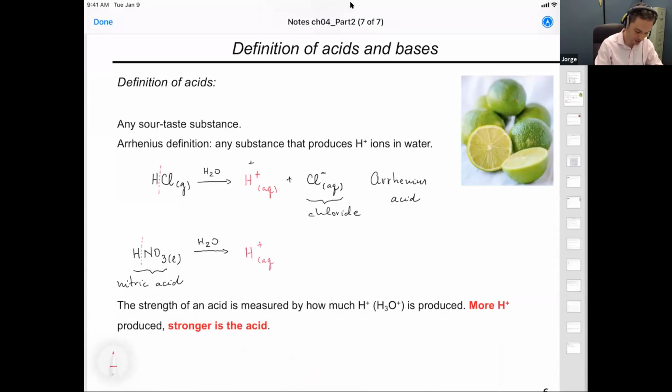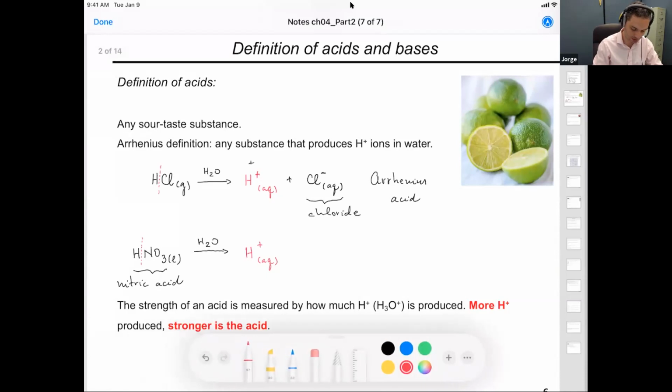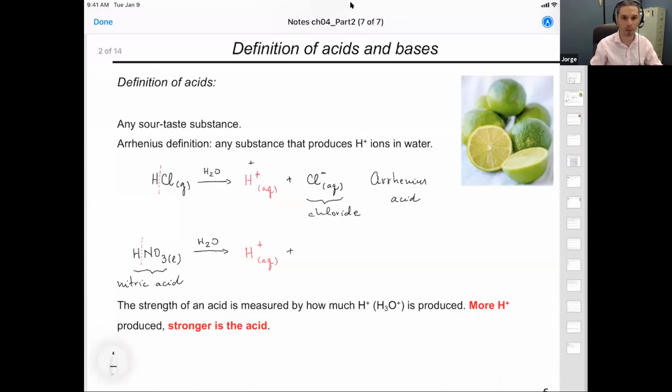So representing that by (aq) between parentheses, plus whatever was left from the molecule. In this case, we were left with NO3. Attention with the charges. Here we have one positive charge. To balance that, we have to have one negative charge here for the NO3. And this is dissolved in water, so I'm going to represent that by (aq).